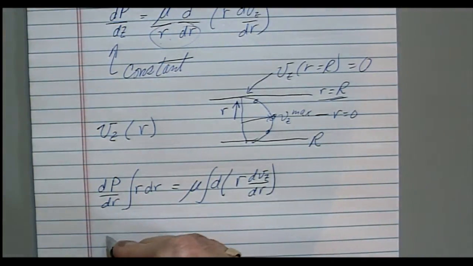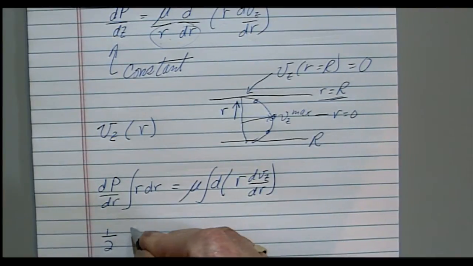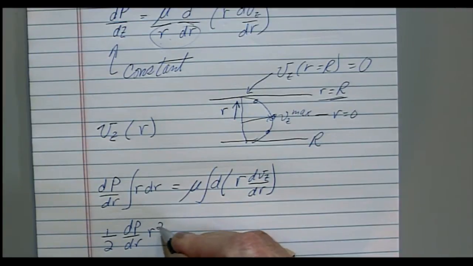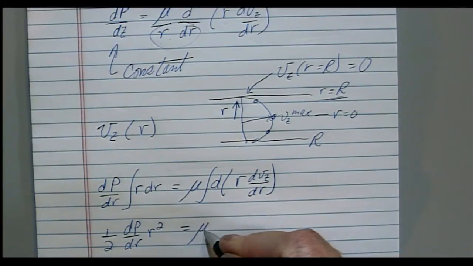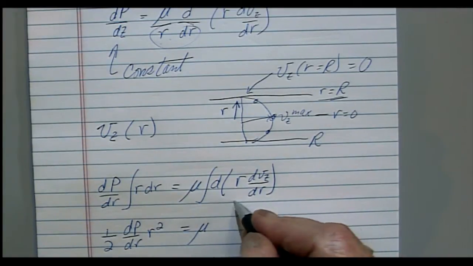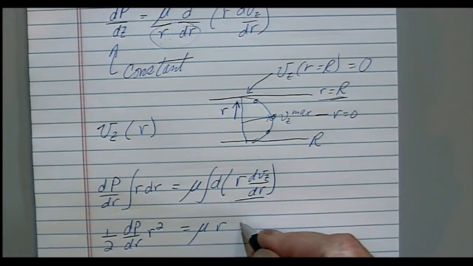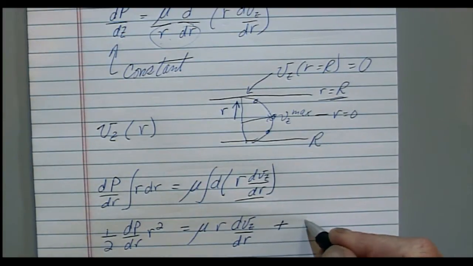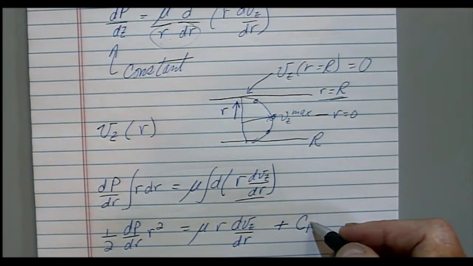And we can integrate that. It's 1/2 the pressure gradient, dP/dz, times r squared. That's equal to the viscosity times the bit that's inside here, so it's times r, the velocity gradient, and then we need to add on some constant C1, our integration constant.